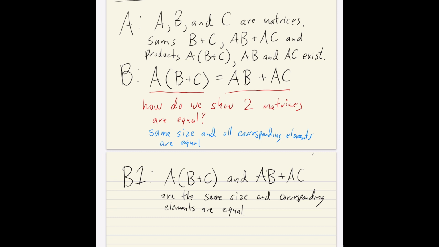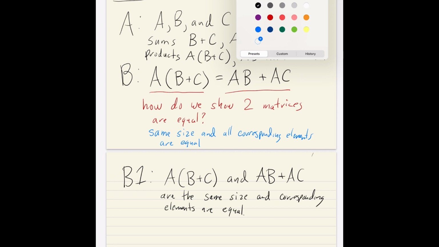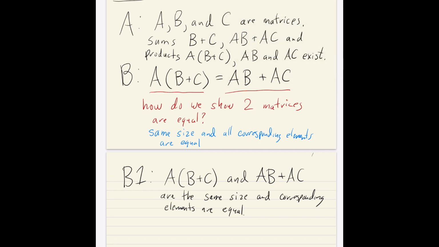Okay. So we can go backwards from there, or see what happens if we keep our assumptions. We know that A, B, and C are matrices, and then the sums are defined and the products are defined. They exist. So we're going to have to just pick some sizes here. This is not part of the proof yet. This is just understanding what we need to do.